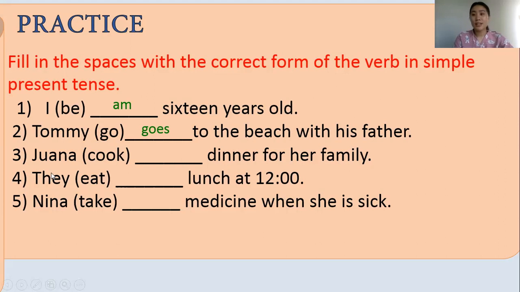Jenna is like she. Okay, she cooks dinner for her family. They, they is, no, they learn as a child because it's a normal verb. The leader is similar to the subject like she. So take care, you have to add the s. So the correct answer is: Lina takes medicine when she is sick.